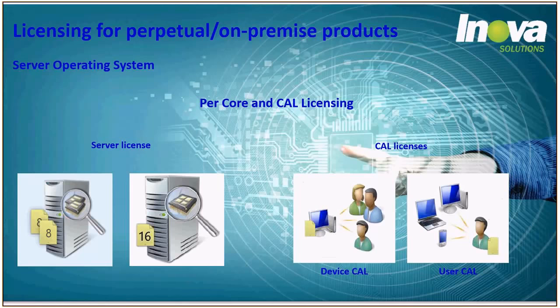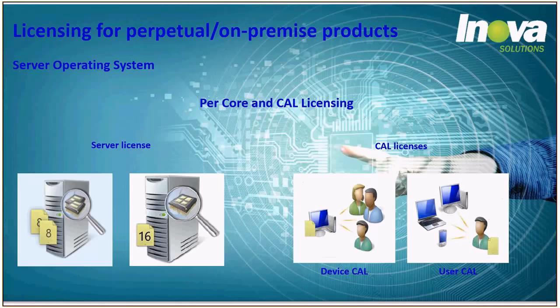The other CAL is the user CAL, which is more popular. A user CAL is assigned to the user and allows that user to use multiple devices. So if you have your Windows Server operating system, you have your license installed, and you have, let's say, 10 servers across your server farm, the users, once they have a user CAL, can access any of those servers.